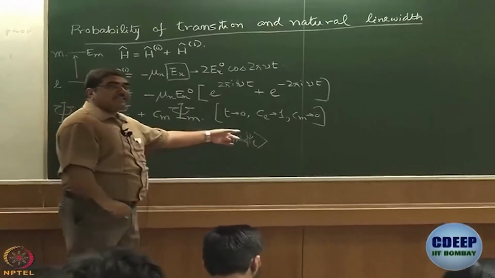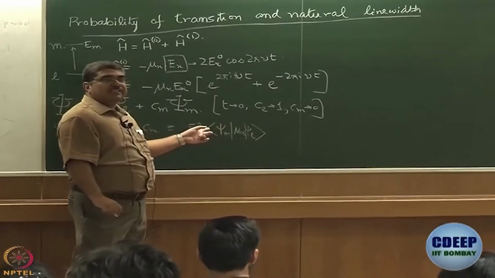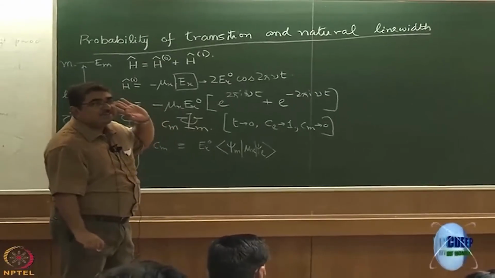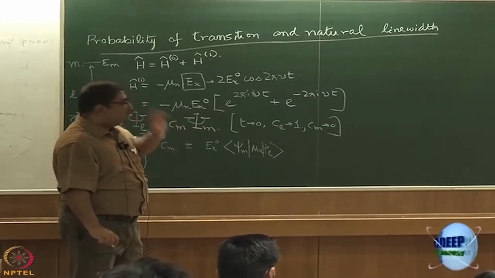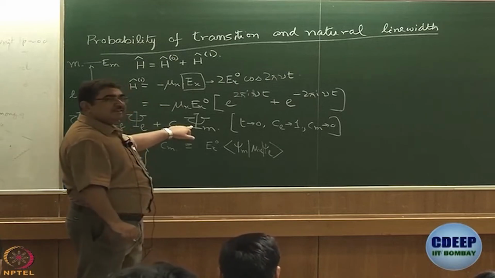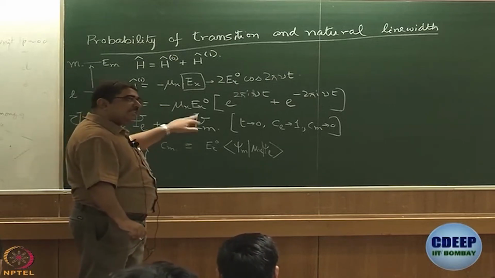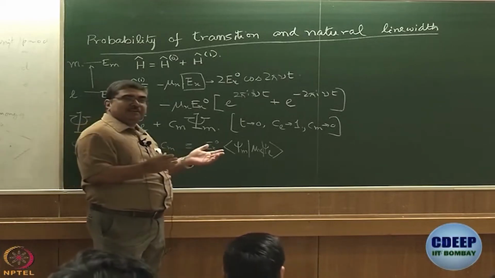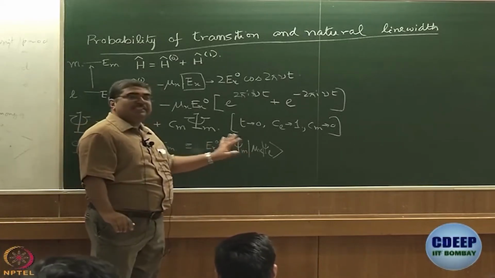Now, this psi and this psi, what kind of wave functions are these? What is the difference between this psi and say this capital Psi? The capital Psi is space dependent as well as time dependent. Actually, it is a product of the space dependent and time dependent part. This is only the space dependent part.